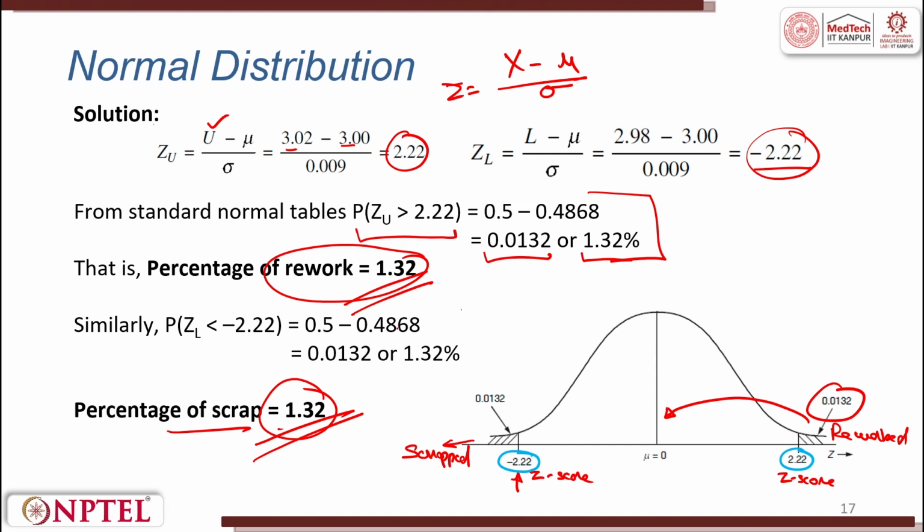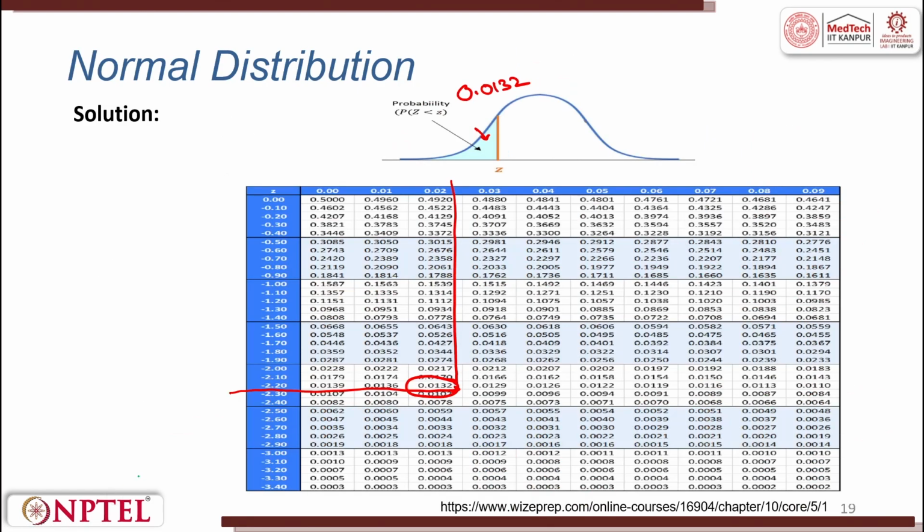Had it been a different value, for example, had it been a value of maybe minus 2.24 on this side, then we would have taken the percentage as, let me see in the table, in the green color, this value would have come 0.0126.